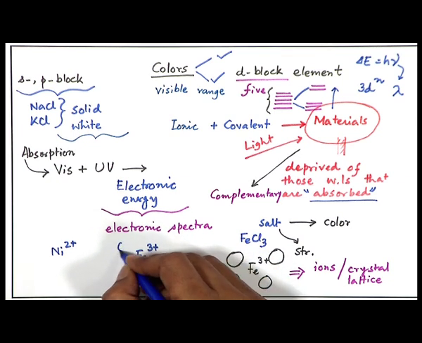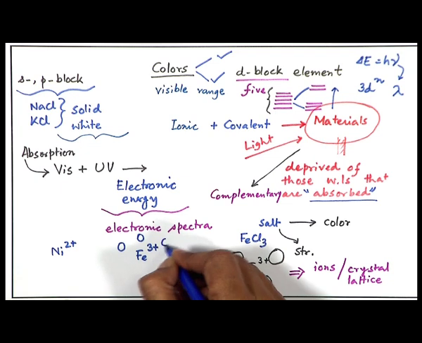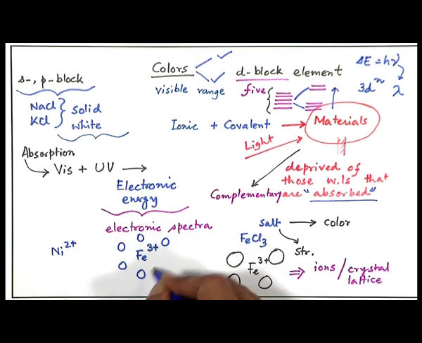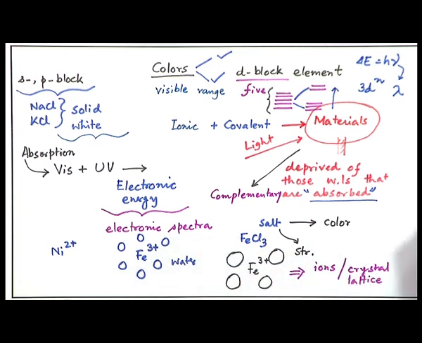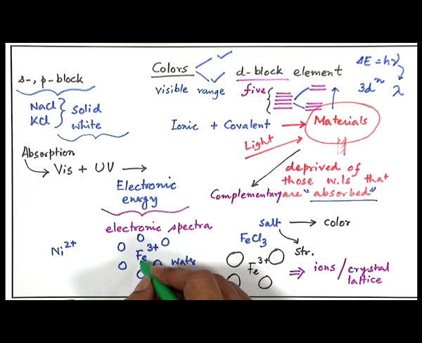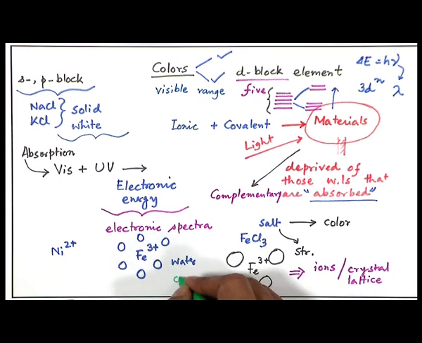In solution also, when we dissolve a particular metal salt, say in water, all these are water molecules surrounding the ferric ion center. Like the anions surrounding the central metal ion, the water molecules, since iron is in the tripositive charge, have 2 lone pairs of electrons in the structure of H-O-H.